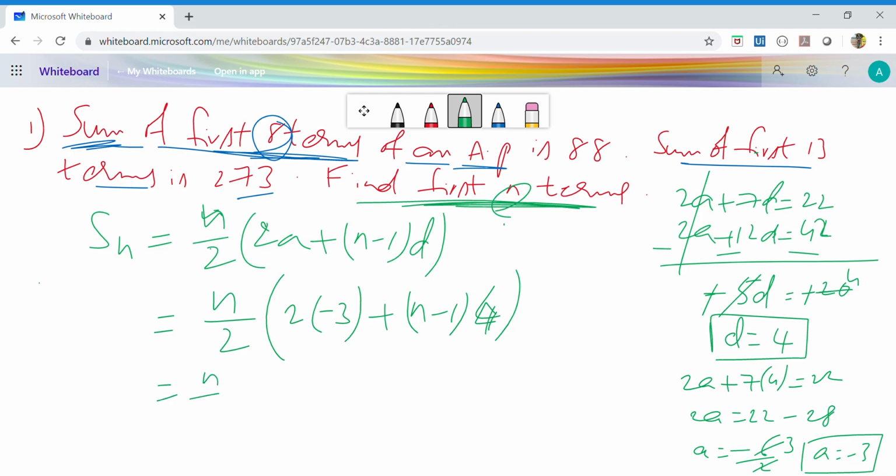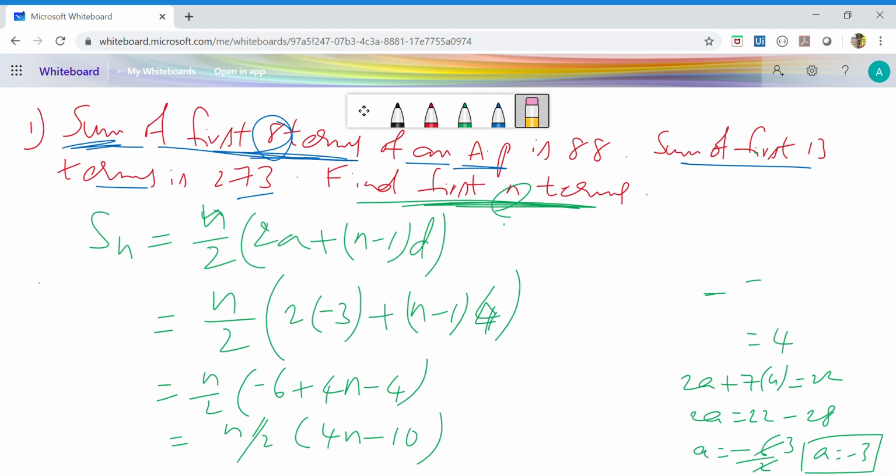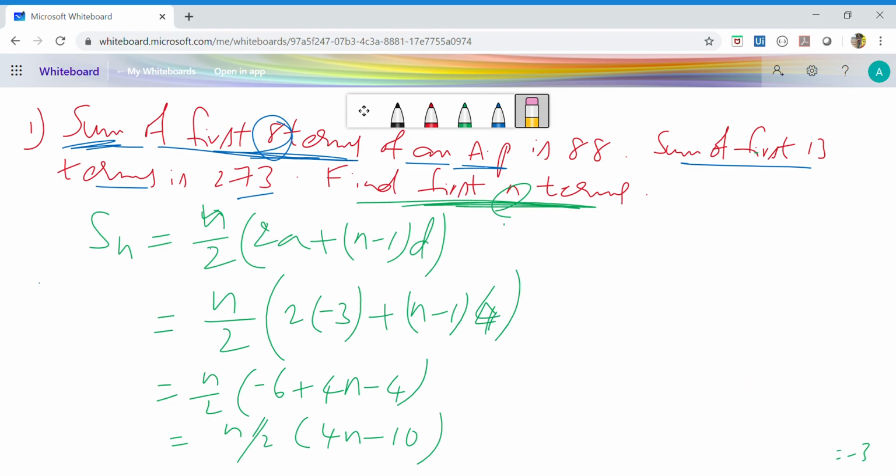So n by 2 into minus 6 plus 4n minus 4. So n by 2 into 4n minus 10. Then here you can take the common factor: n by 2 into 2 I am taking common.